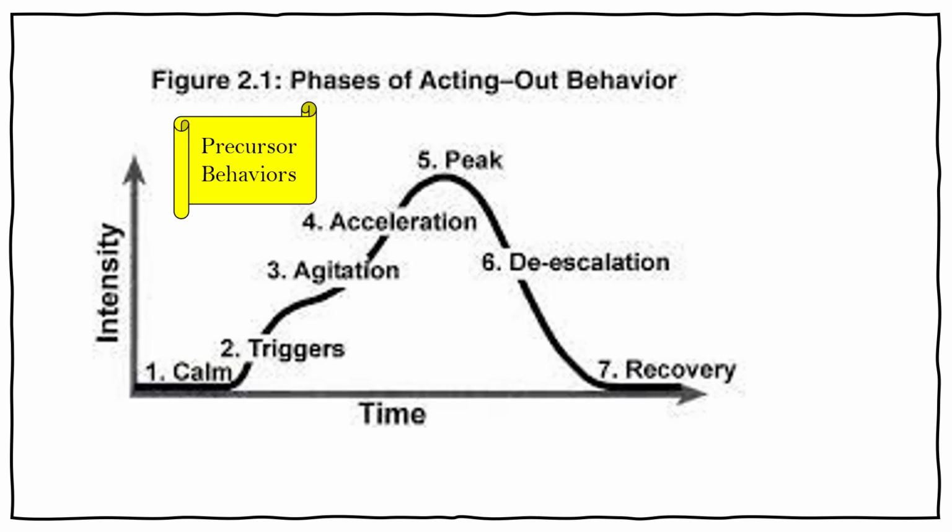So don't forget about those precursor behaviors. When this behavior is escalating, there's typically some type of precursor behavior that's going to signify, "Hey, if something doesn't happen, if my environment doesn't change, I'm going to get to this really challenging problem behavior." And like I said, if you notice precursor behaviors, know what to do.